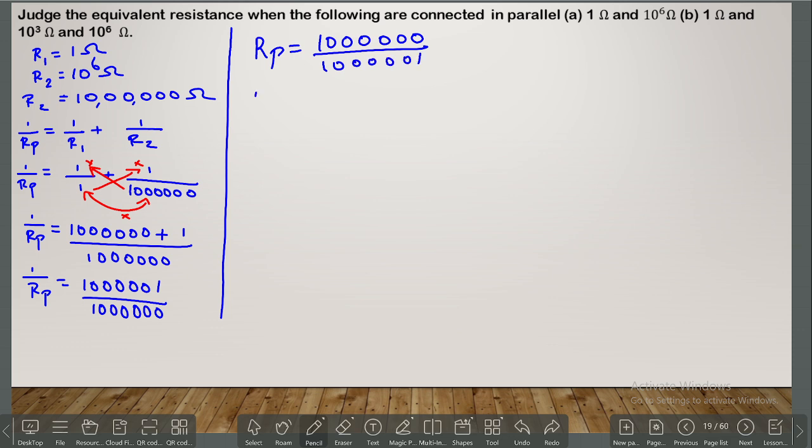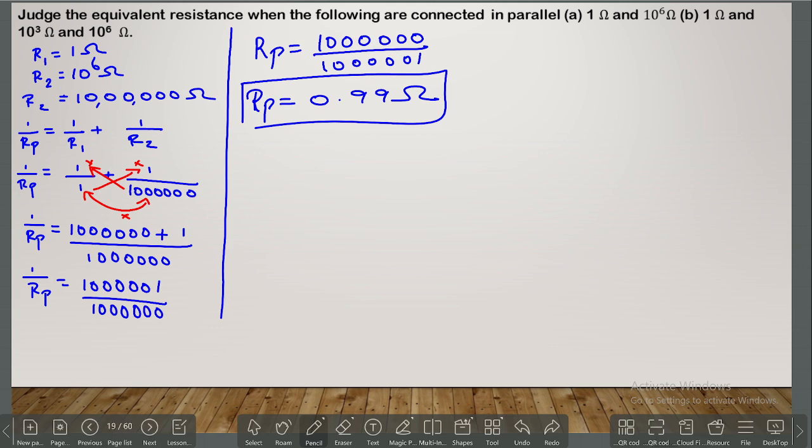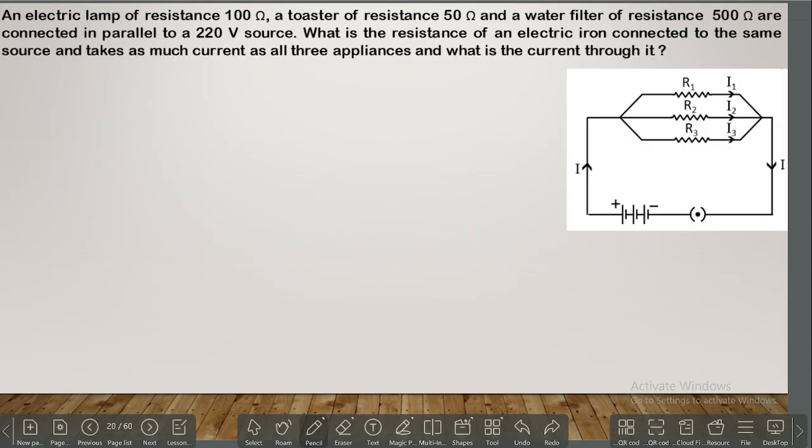If you divide these two numbers, the net resistance will be equal to 0.99 ohm. Next. Look at the circuit and say what type of combination it is. It's in the form of a series combination.